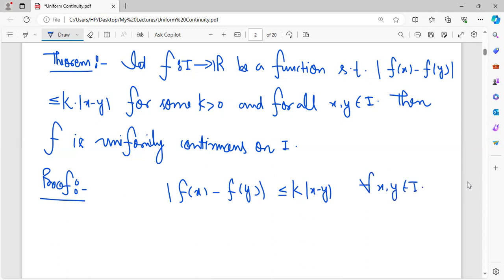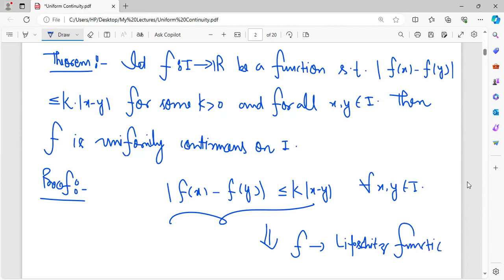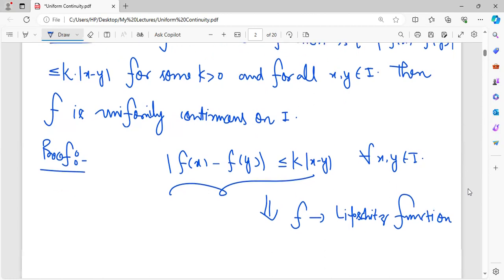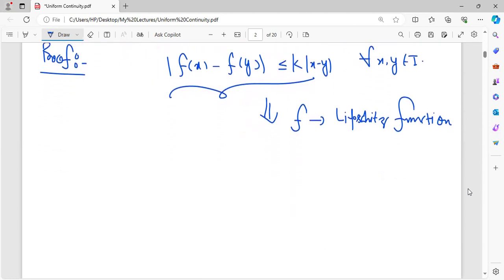The functions satisfying this condition, |f(x) - f(y)| less than or equal to k times |x - y|, are called Lipschitz functions. What we are going to prove is that every Lipschitz function on an interval is uniformly continuous.